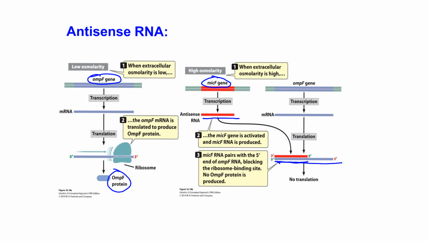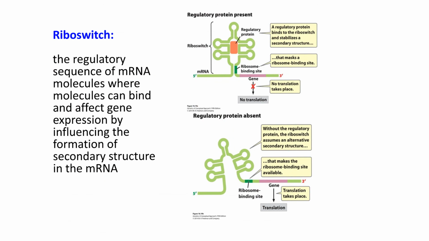Riboswitches represent an additional level of gene expression control in bacteria through the mRNA. Riboswitches are regions usually found in the 5' UTR of mRNA, which form secondary structures. The secondary structure can take different forms depending on whether they interact with regulatory proteins or not.